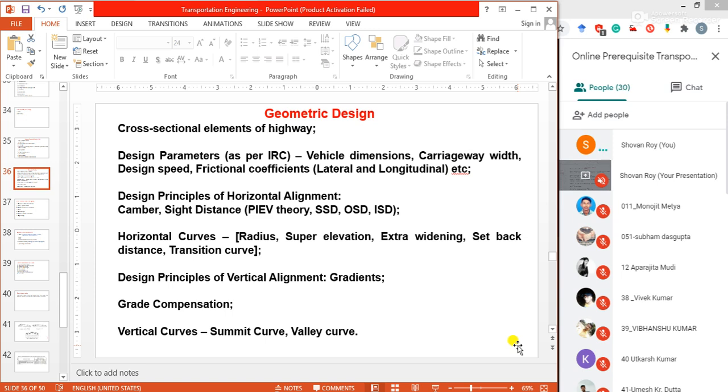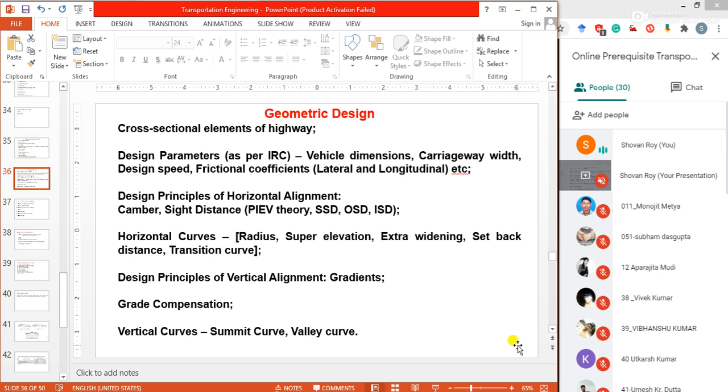The geometrics of highway should be designed to provide optimum efficiency in traffic operations with maximum safety and reasonable cost. The designer may be exposed to either planning of a new highway network or improvement of existing highways to meet the requirements of the existing and anticipated traffic.